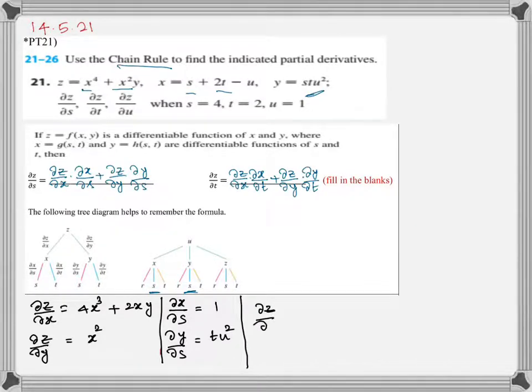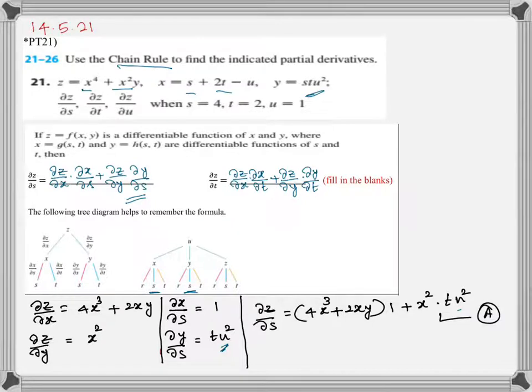And ∂z/∂s equals 4x cubed plus 2xy, and we are using the formula now, times 1, plus x squared times tu squared, ∂y/∂s. So we are using this formula over here.